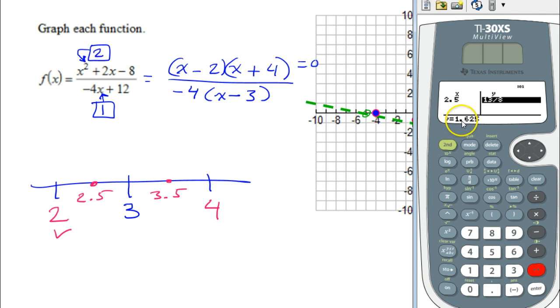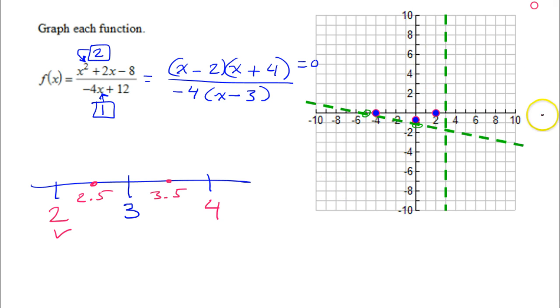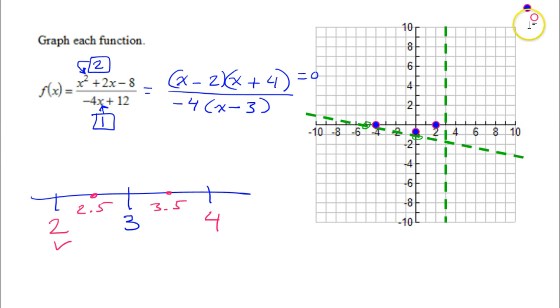At 2.5 we have 1.6, which is right about there.